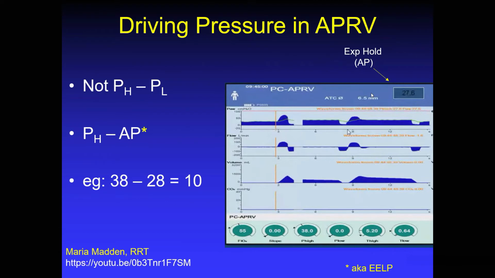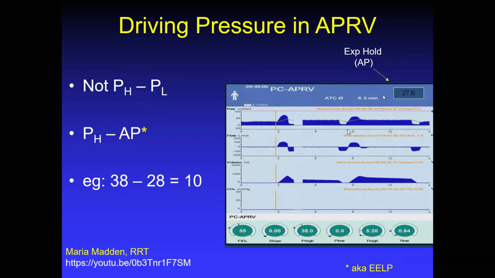And from that, one can calculate a driving pressure if you wish, because driving pressure is not, and this is an important recognition, P high minus P low. Driving pressure on TCAV APRV is P high minus the end expiratory lung pressure, or the auto peak, which again on Dragers can be managed with an expiratory hold.